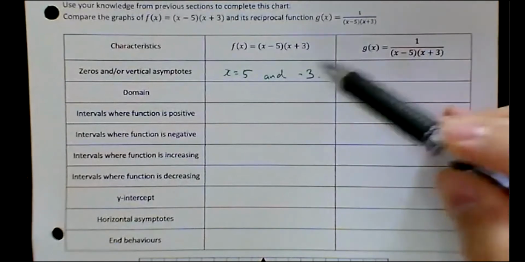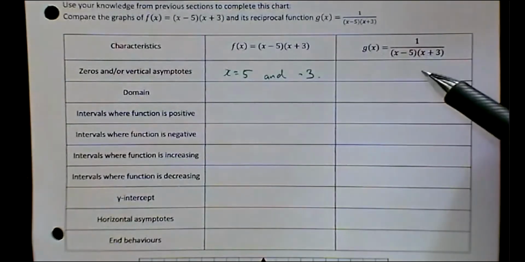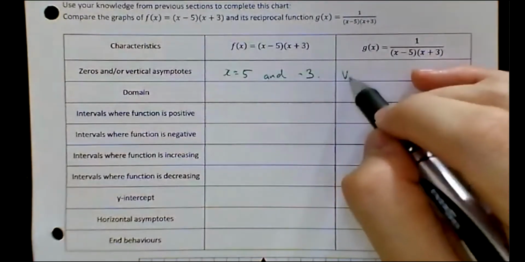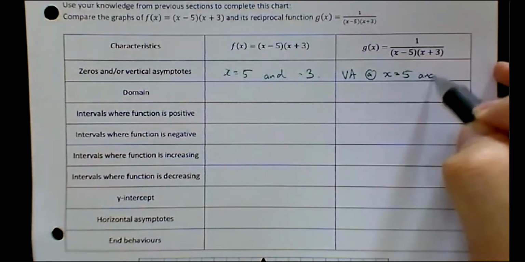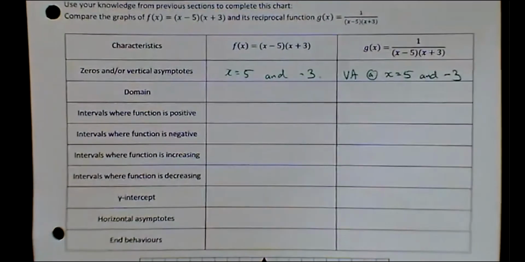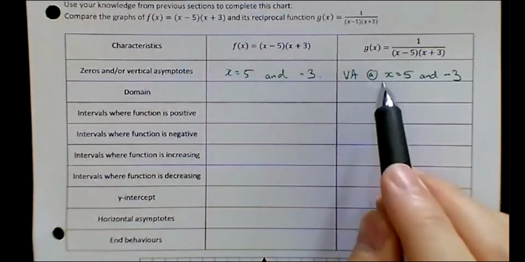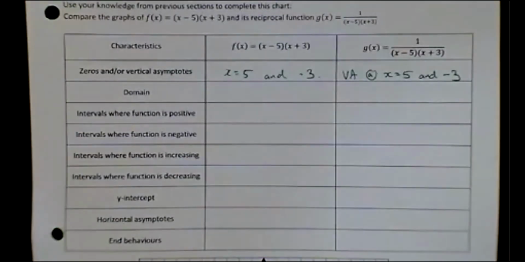What is the vertical asymptote of my reciprocal? Vertical asymptote at 5 and -3. Is that better?